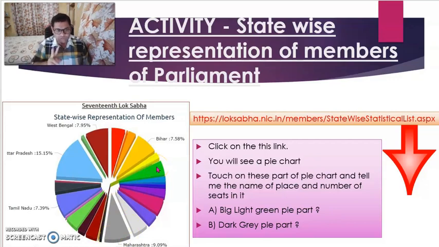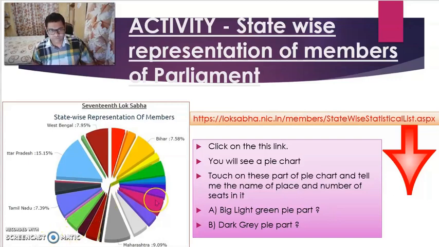Okay, there are two states. I hope you understood the activity, children. After finding out the information on this green part and on the grey part, I want you to write it in the Google Classroom. Now let's go ahead.